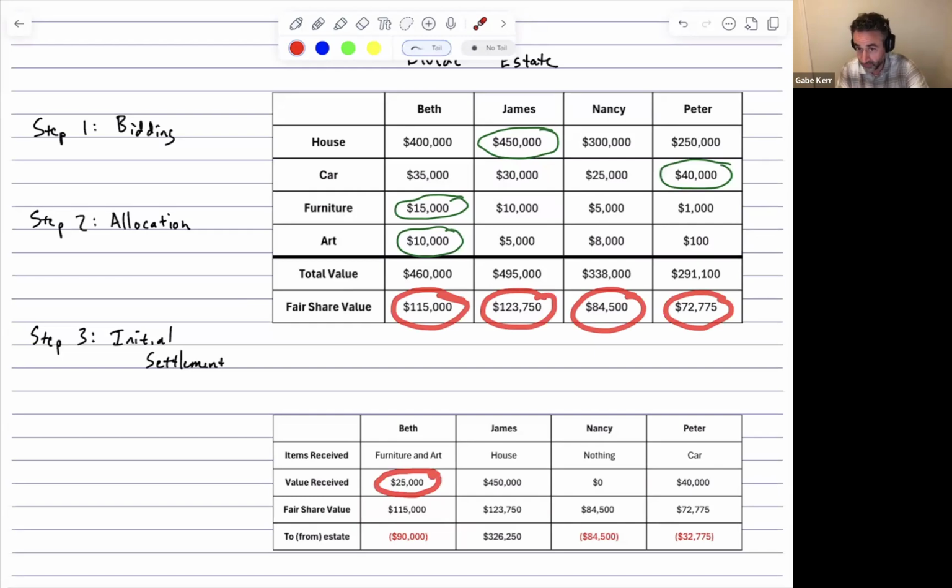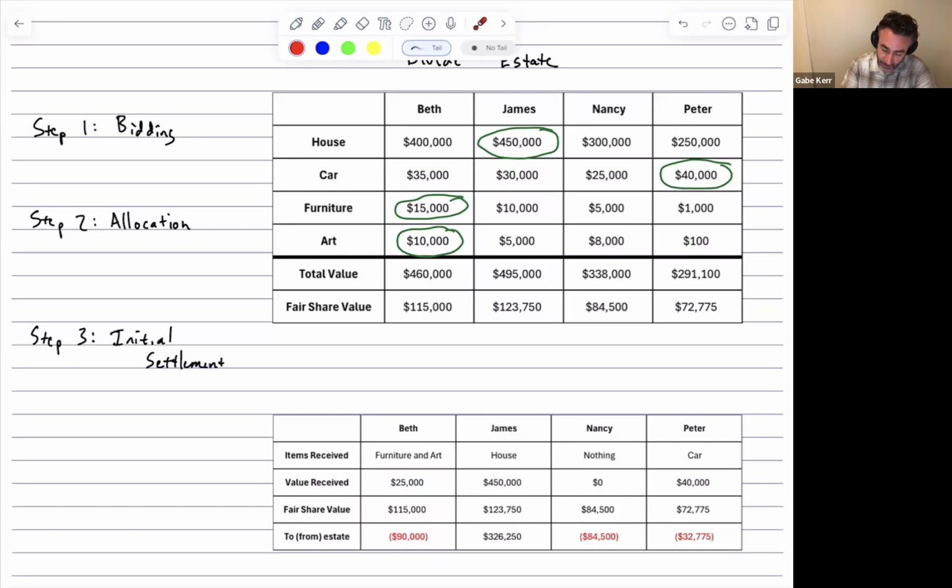According to her value system, she received the furniture and the art, and that has a value of $25,000. But a fair share value for Beth, according to her value system, is $115,000. That's her fair share value. And so we need to make sure that the estate makes up that difference and gives her $90,000. If the estate gives her $90,000, then $90,000 plus the $25,000 will equal exactly her fair share, according to what she's bid.